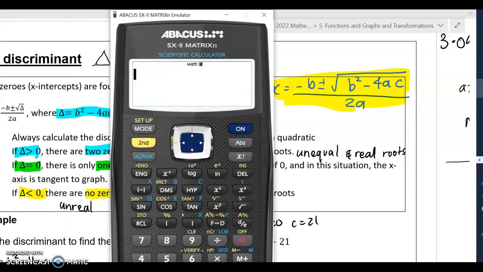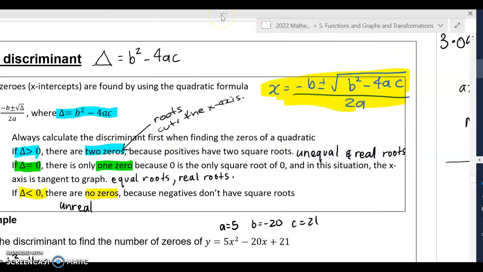If I was to pop, for example, minus 9 under the square root sign, I've just picked any random number, and press equals, what I get is a math error. Let's try another one. Square root of minus 78 equals. I get a math error again. So I'm trying to take a square root of a discriminant value that's less than 0. I get a math error.